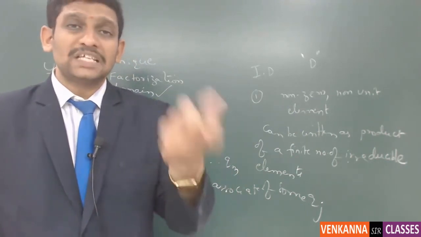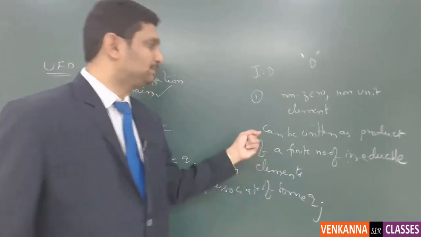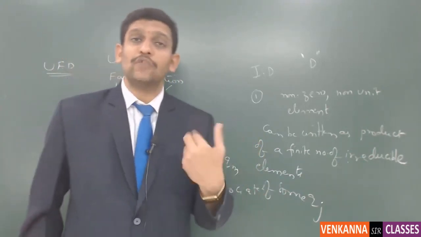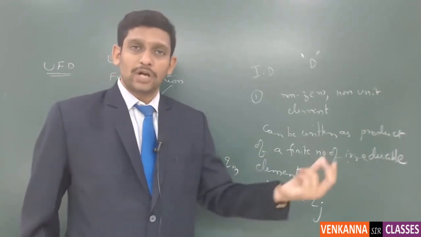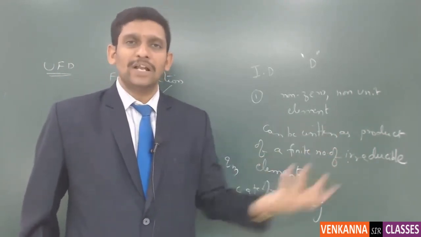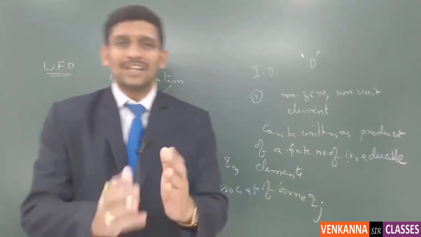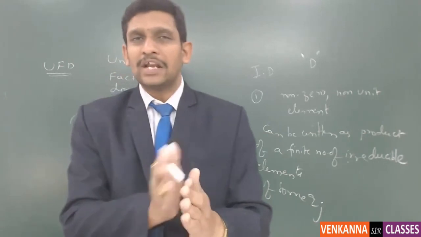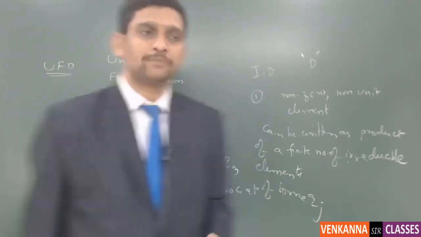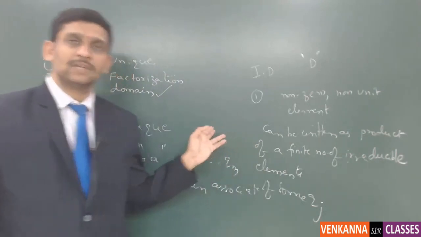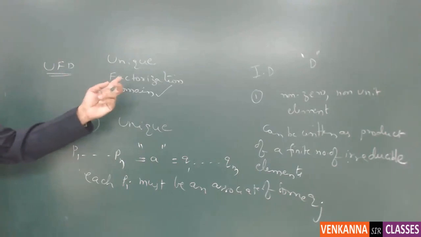If you pick such an element in the integral domain, then it is possible to write the element as a product of a finite number of values, and each value is irreducible. What is the meaning of irreducible? You cannot reduce it further. Further reduction is not possible. And we are saying that such a factorization is unique.